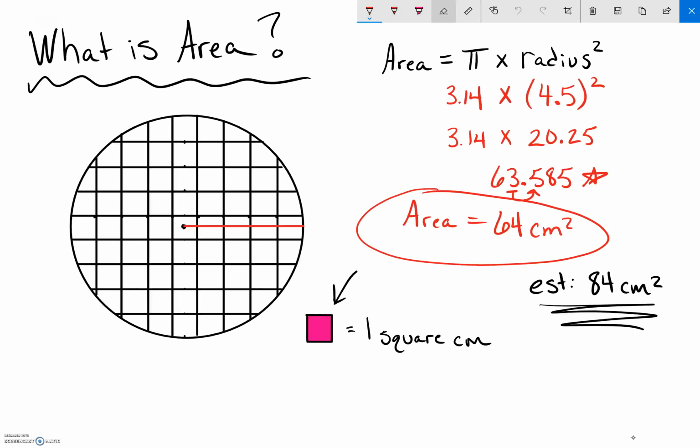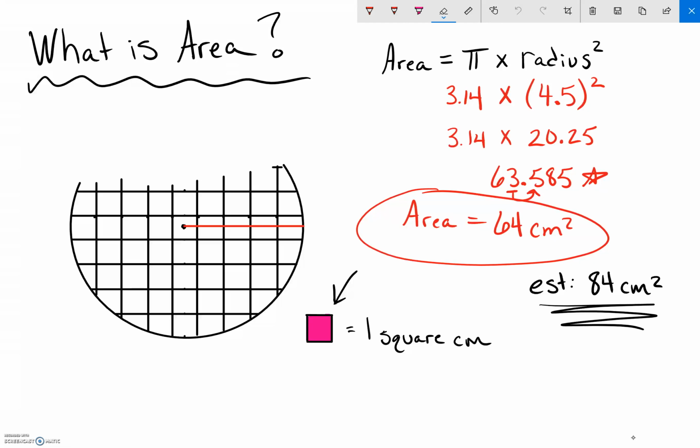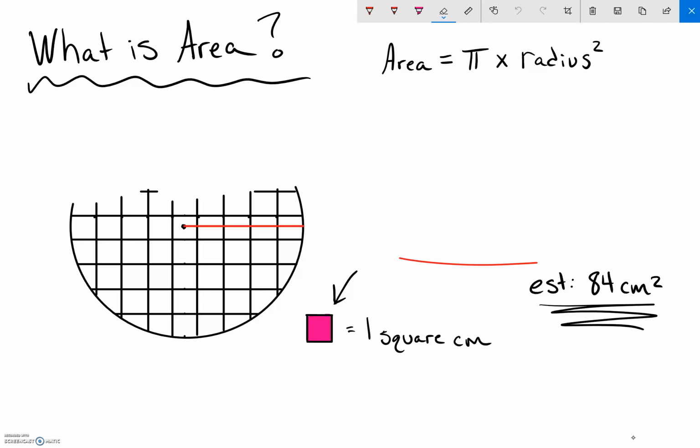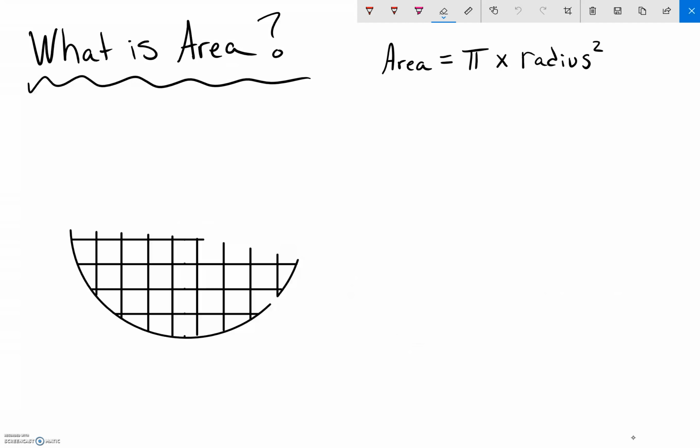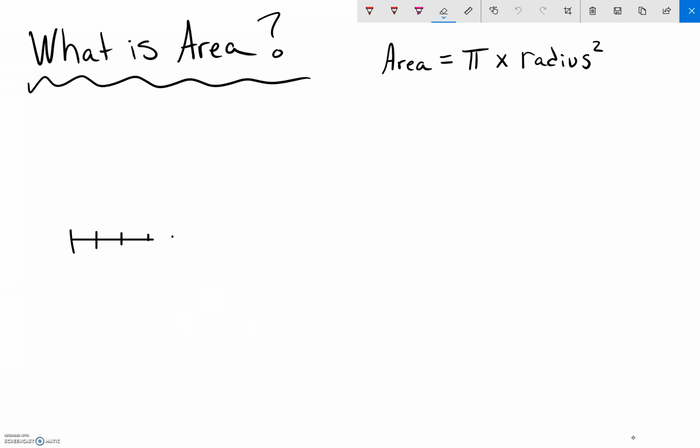I'll go ahead and give you guys one to try, and then we'll wrap up this video. So the formula is area equals pi times radius squared. This won't take as long. We're not going to draw the grid over the top.